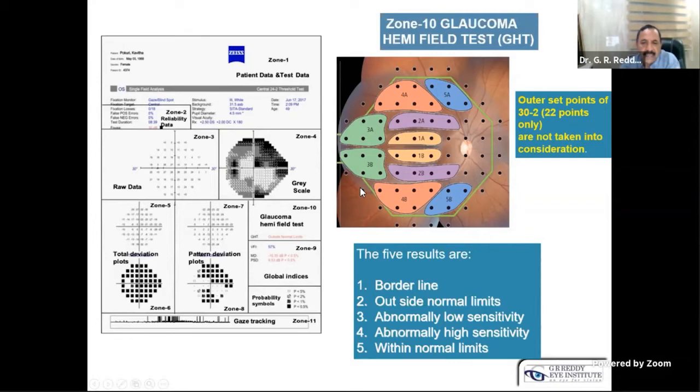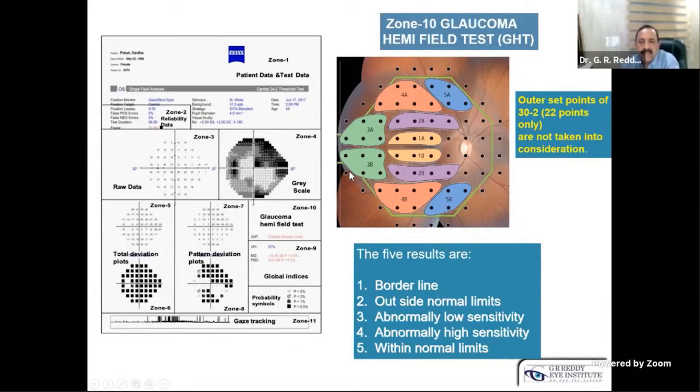These points are tested last, and there is a lot of variability in the retinal sensitivity of these points. When all the calculations ignore them, then why go for 30-2? The patient may do the test normally, but by the time he comes to these points he may be fatigued, and a reliable test will become unreliable.